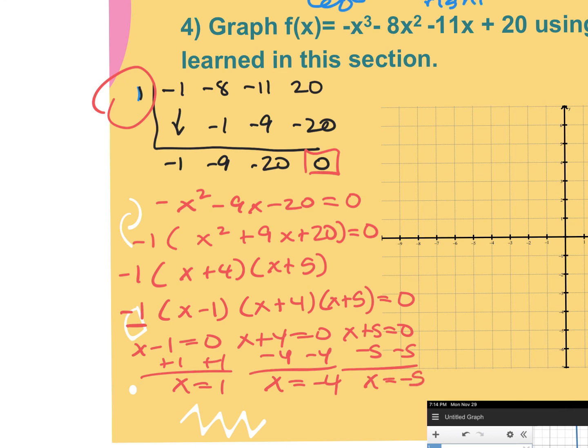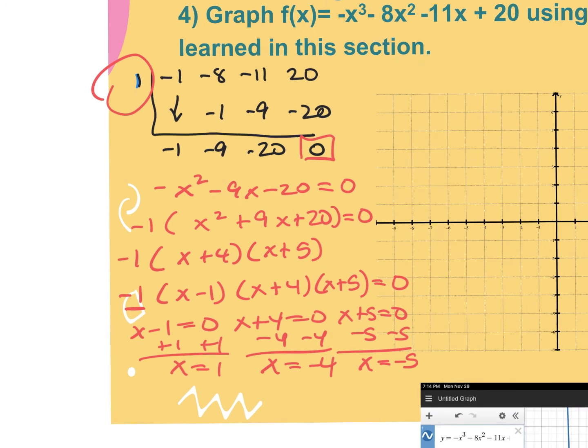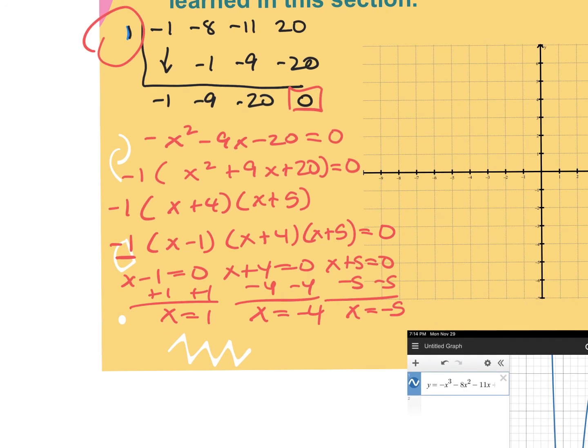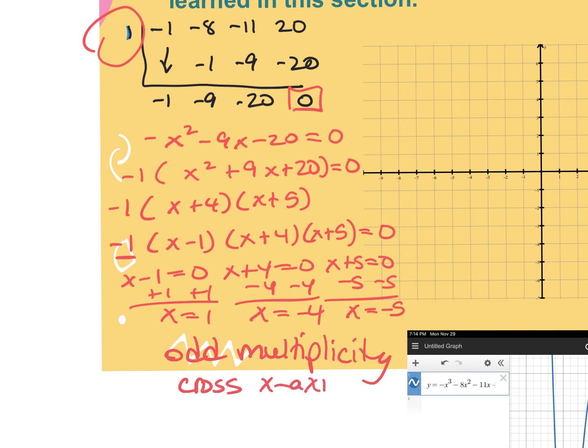And these were all the zeros that I saw in my Desmos graph. Notice they each occur only one time, so this has an odd multiplicity. So at each one of these zeros, my graph will cross the x-axis.